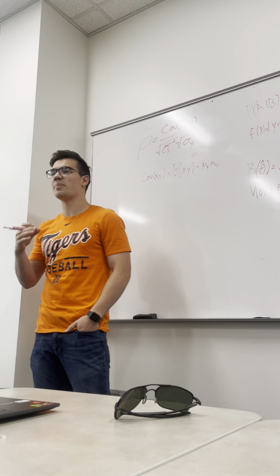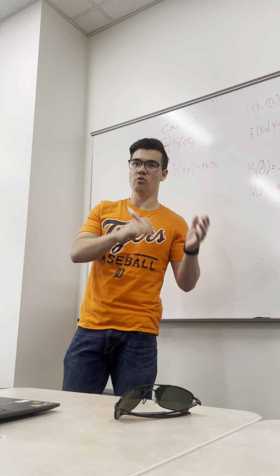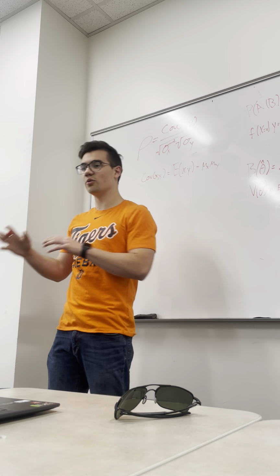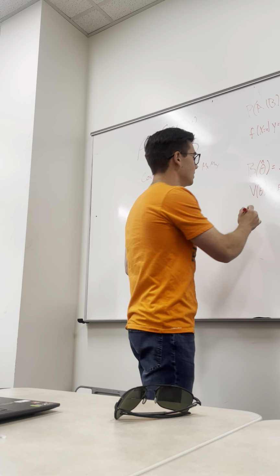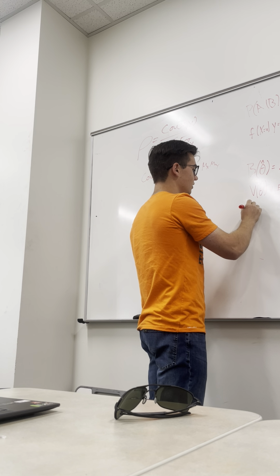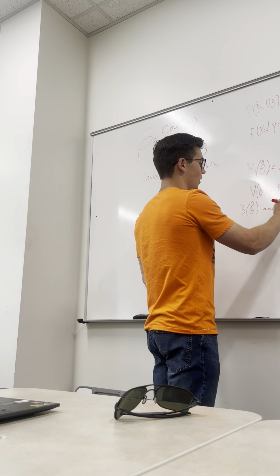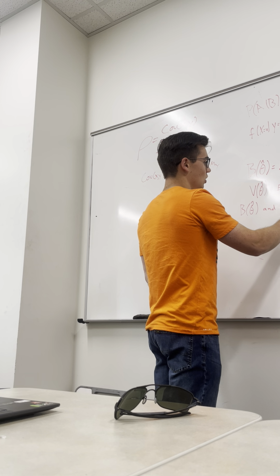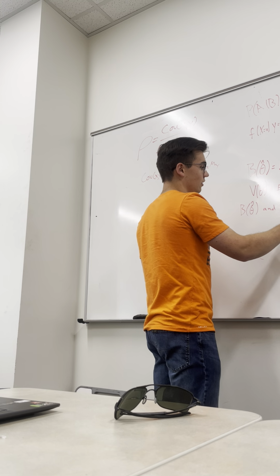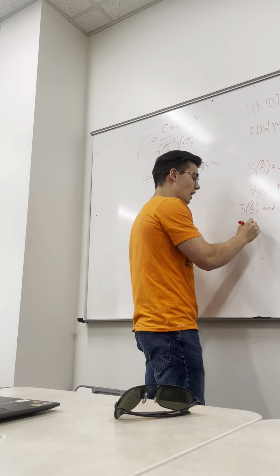Efficiency is a comparative value, so we always need to compare the efficiency of one estimator to another. And then there's consistency, which is if the bias of your estimator and the variance of your estimator go to 0 as n goes to infinity, then it's consistent.